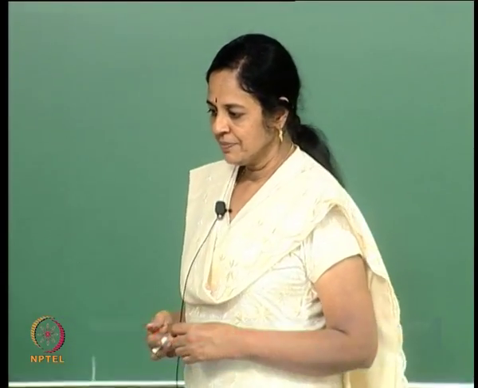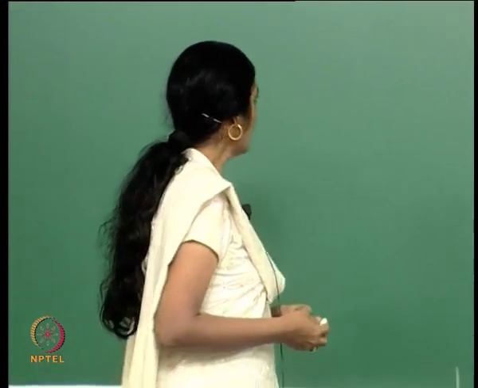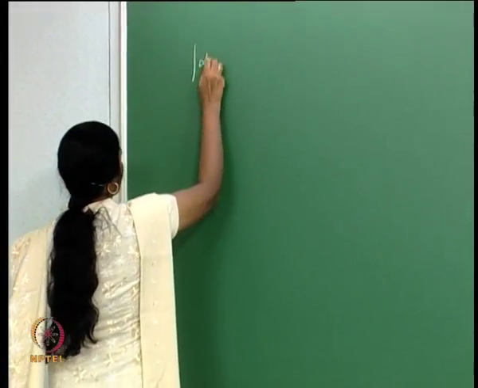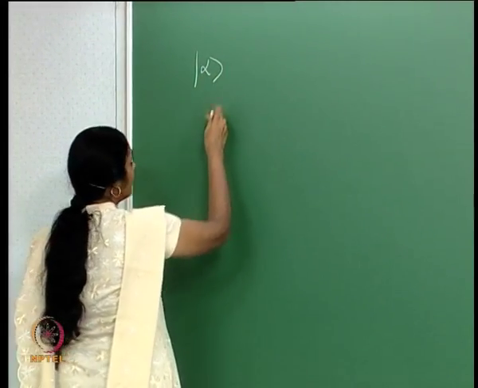Last lecture I spoke about an interesting quantum superposition of the photon number states. The superposition is called the coherent state, and by way of recapitulation, the coherent state is represented by ket alpha.